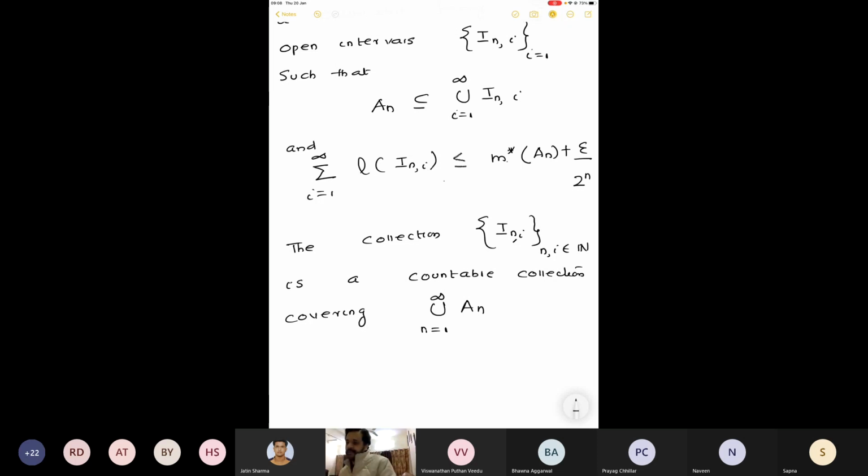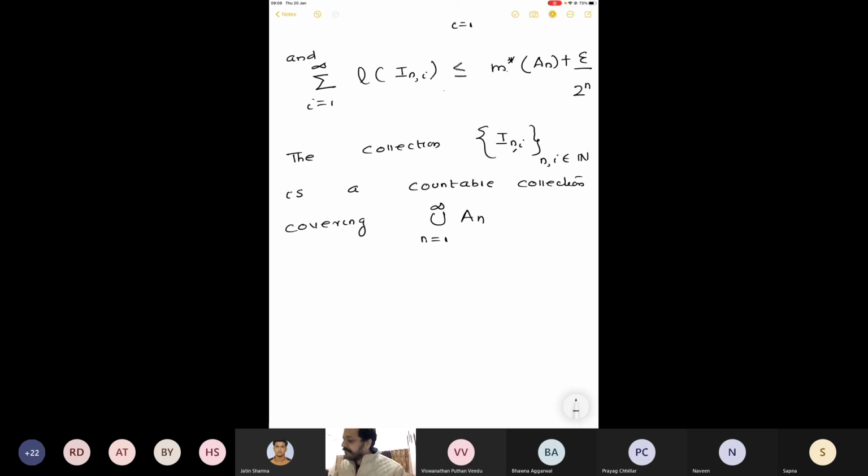Now you take the union of that. Countability holds because a countable union of countable sets is countable.